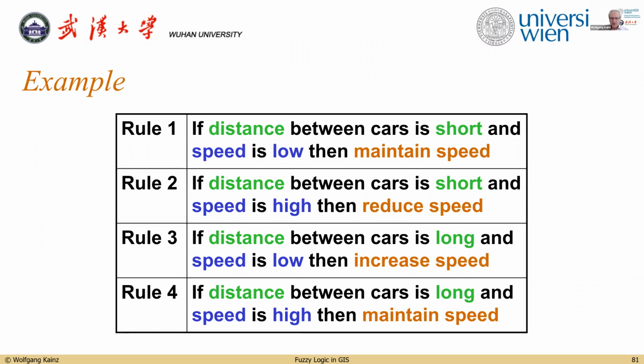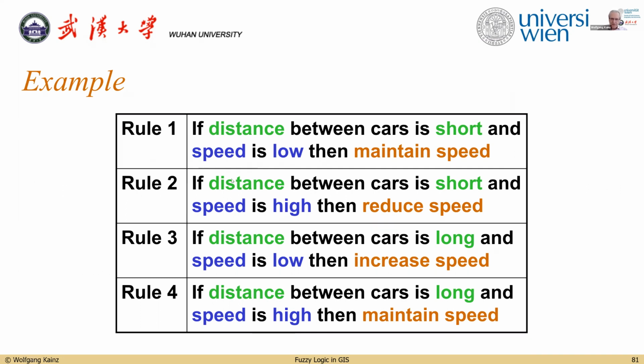What do we have as premise variables? We have distance between cars and speed of the cars, and the conclusion variable is something about acceleration or deceleration, whether you should increase the speed, reduce the speed, or maintain the speed.